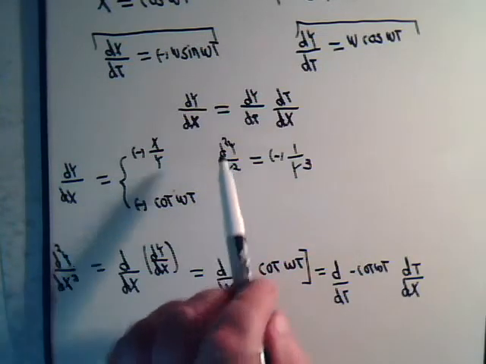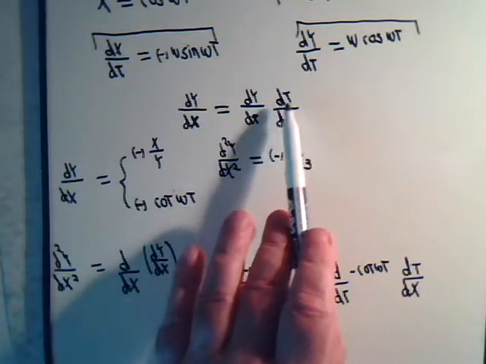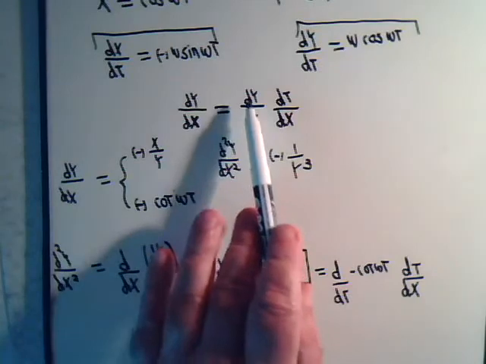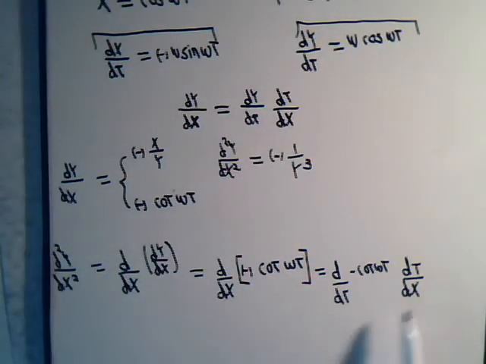And again, like up here, you can think of these dt's canceling each other. So you have a dy dx. Here you can think of these dt's canceling each other. So I have a d minus cosine of omega t with respect to x.